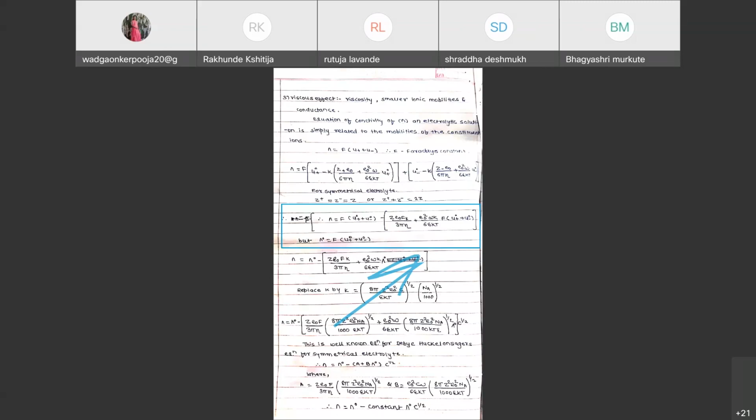But here this U plus and U minus are at infinite dilution.